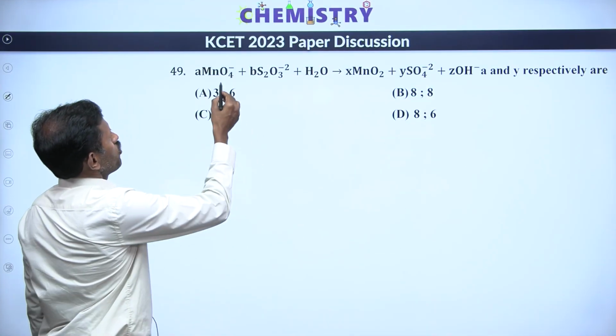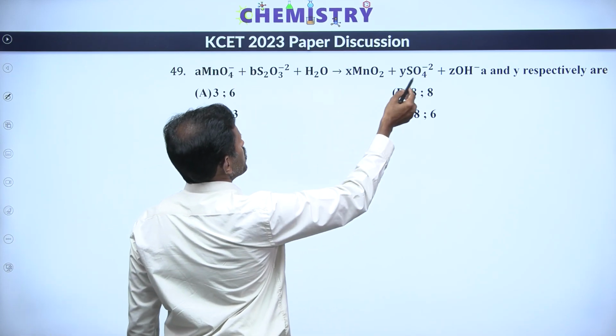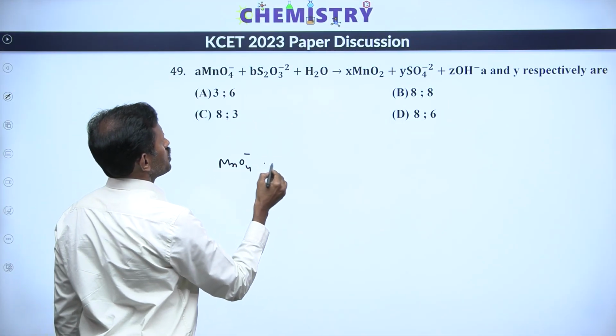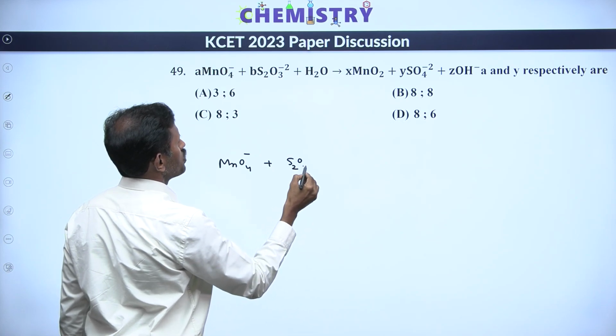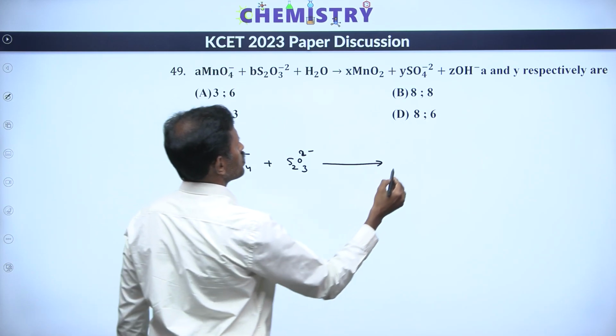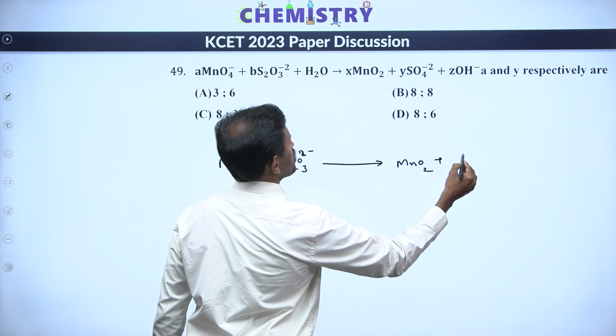Next question: MnO4- ion is reacting with thiosulfate to form manganese dioxide and sulfate in the basic medium. If you see the balancing of the equation, MnO4- ion is reacting with S2O3 2-, which is thiosulfate, converting into MnO2 plus SO4 2-.